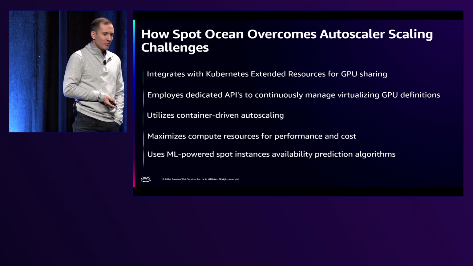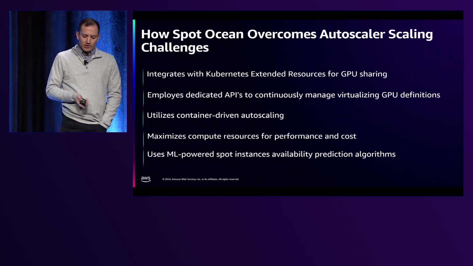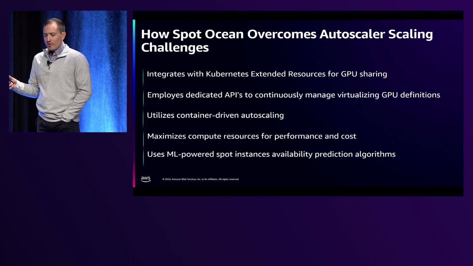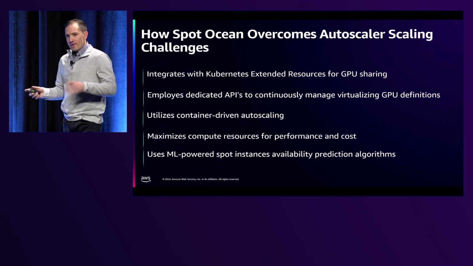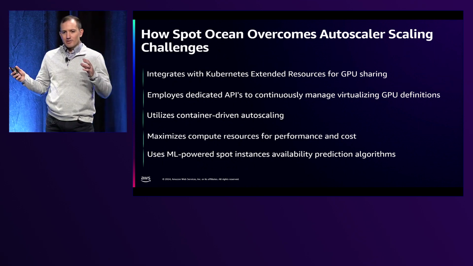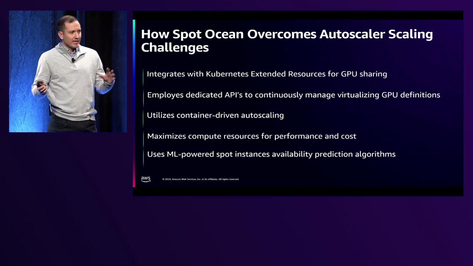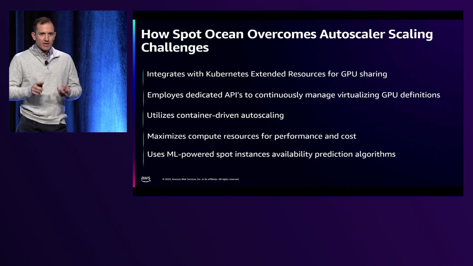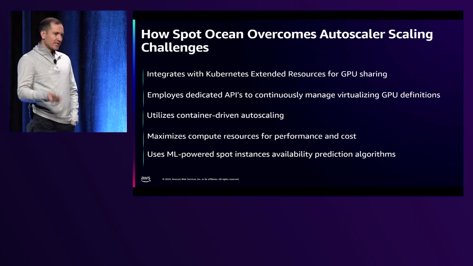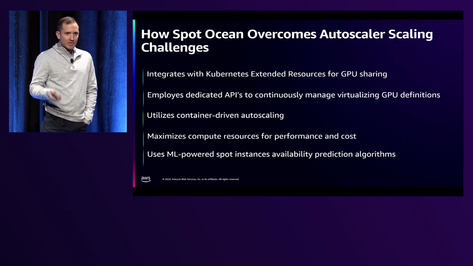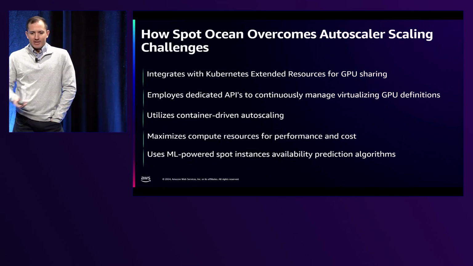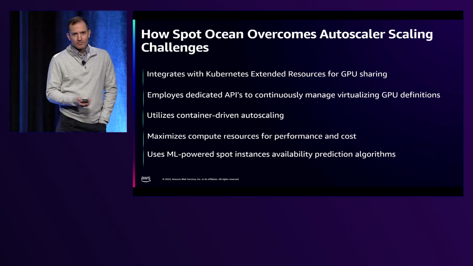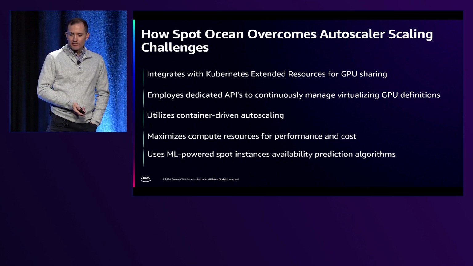So how do you plan for that? That's what our Ocean product aims to do. Everything that we're launching for a customer is going to be using a machine learning driven algorithm that takes all of the data from our customers running on Ocean today, and that spans across every availability zone in every region to understand what is being interrupted, what types of instances are being reclaimed, and what the ongoing prices are, because being a supply and demand based resource, that pricing and availability can change in real time.